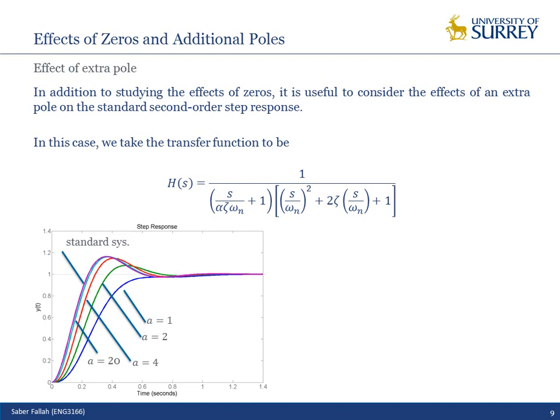Integrator, proportional integrator controller. Okay? So first we need to know how these additional poles and zeros will affect the response of the system, so that I can decide whether I need to use the PI controller, PD controller, or even PID controller. Right?